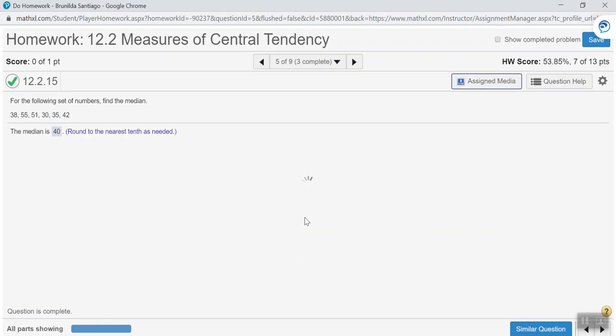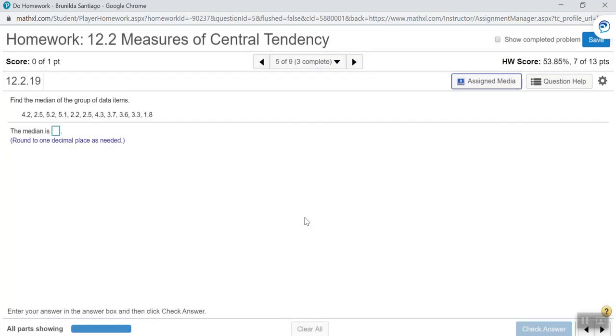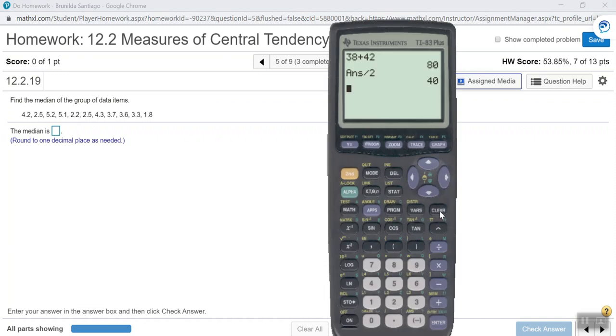Okay. Next, find the median of the group of data items. So this is the same thing. We have to put the data in order and then we have to find out which one is in the middle. So again, I'm just using the calculator to put the data in order, and then I'll decide if I have to add the middle numbers or if it is the one that is in the middle. So 1, 2, 3, 4, 5, 6, 7, 8, 9, 10, 11.